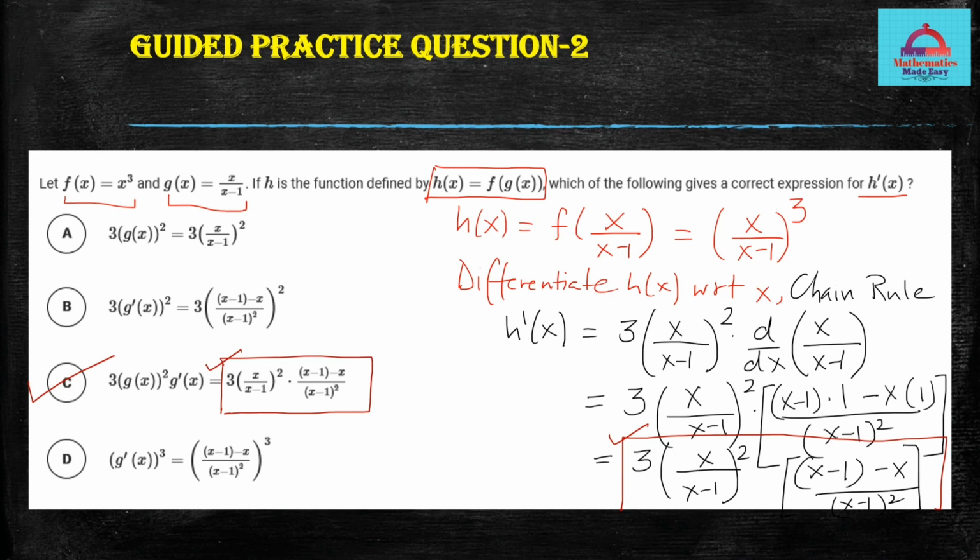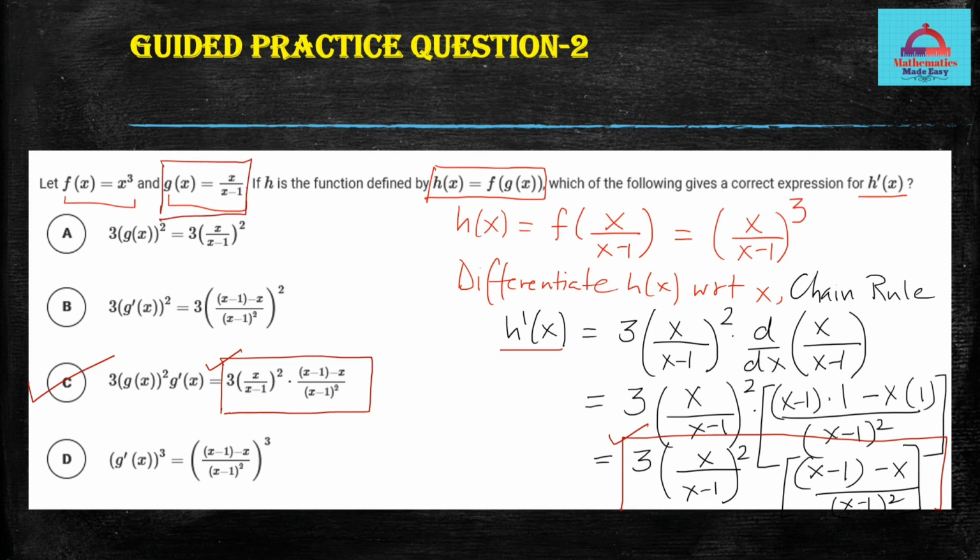Now coming to the left hand side where you have h prime of x. Now because we have defined h(x) as f of g(x), which is equal to x over x minus 1 whole cube, we should be able to write this whole expression in terms of g(x) also. So if you see how g(x) was defined, it was defined as x over x minus 1.